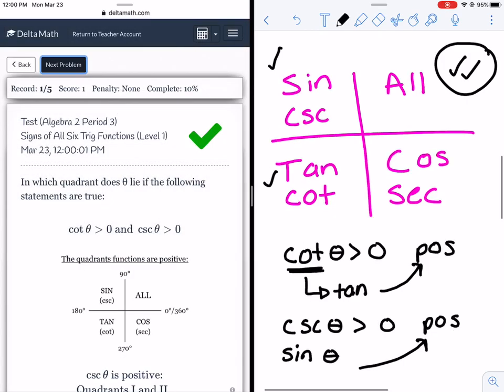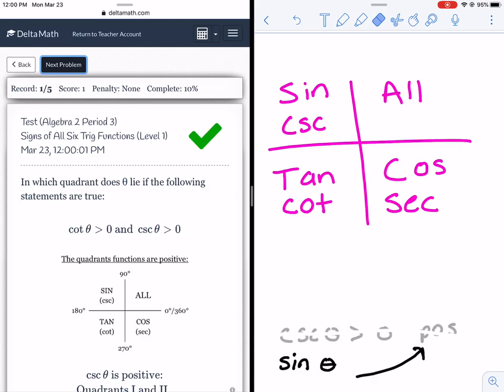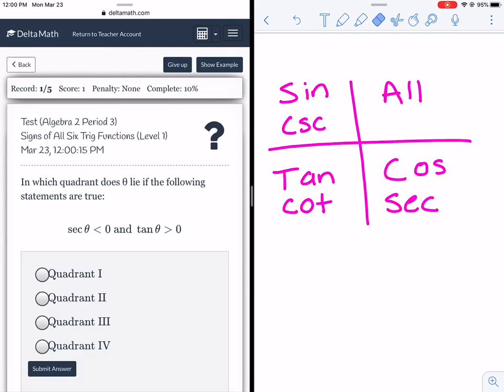So there's two ways you could really do these. If you have this picture drawn and you have the cofunctions there, you don't need to think of what function those cofunctions go with. Since I made this picture and I have which functions are positive, I could just use this picture to help me. So instead of thinking of my reciprocal functions, I'm just going to go with this picture, and I have everything labeled and I could just check where each of these are true.